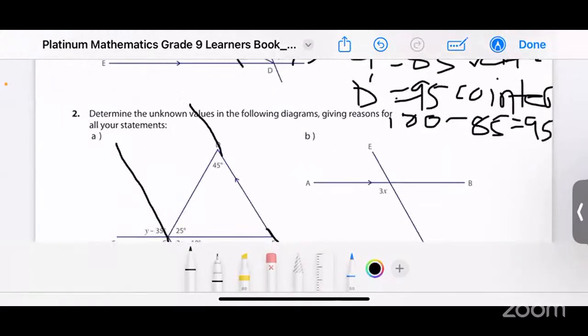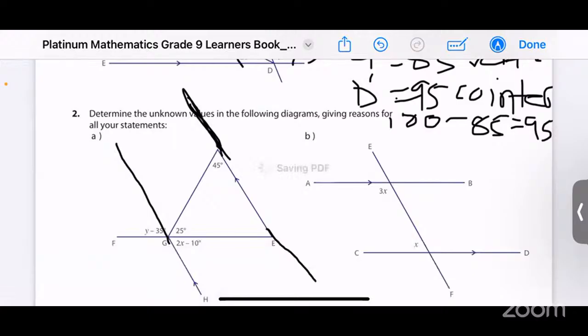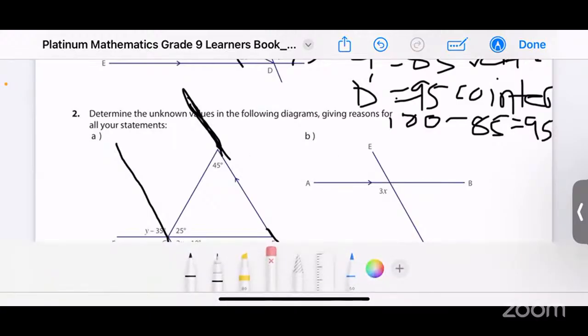Here I want to extend it so that it looks clear. Right. So this is our diagram. The first thing is to use the given information.